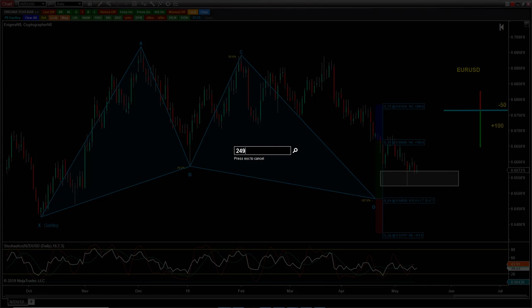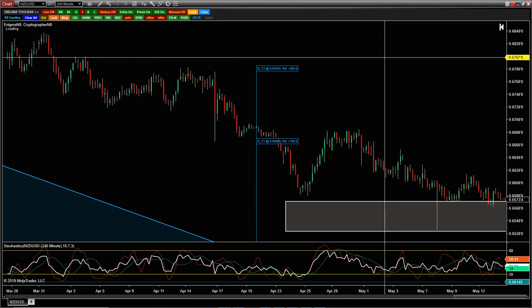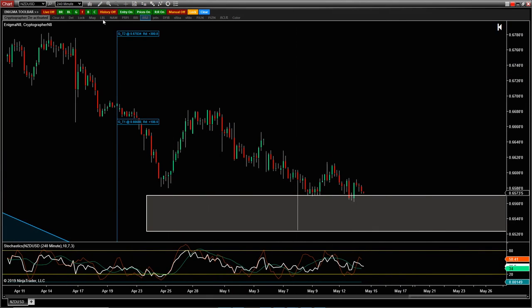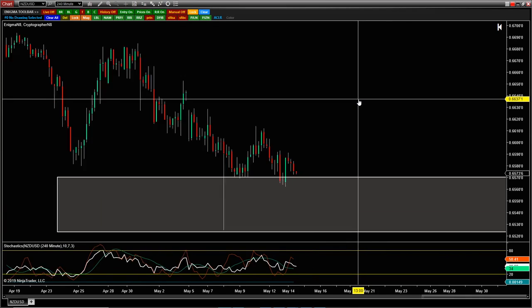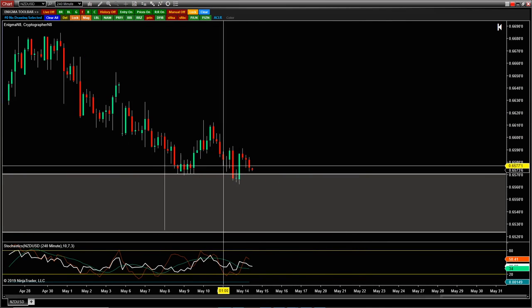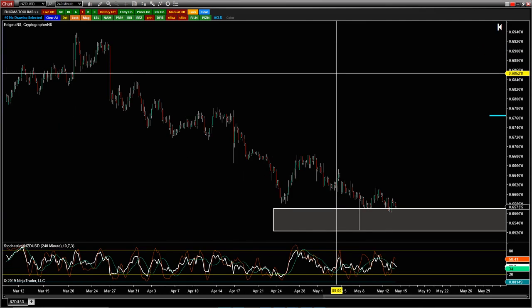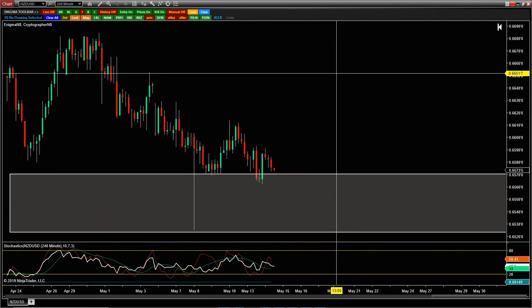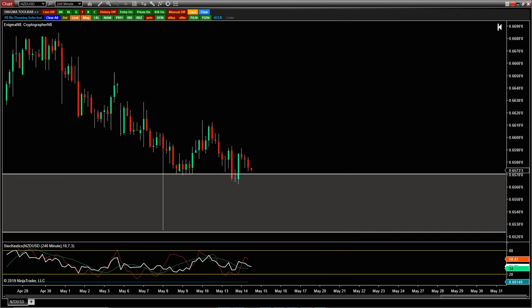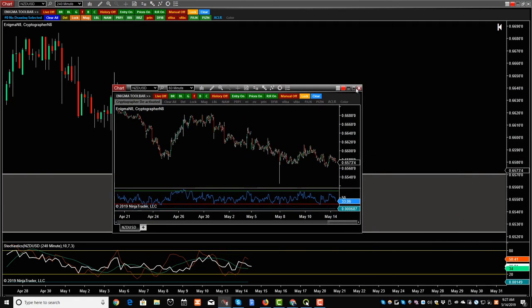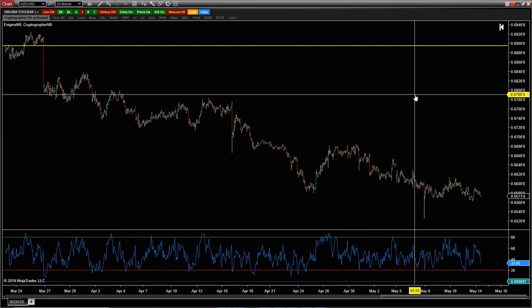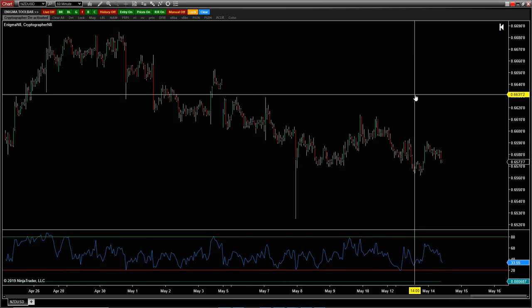Let's go down to 240. Again, you have this big candle here from last week's news event, which is really going to screw up any type of analysis for me. So there's really not much I can do here in the 240. Let's bring over to 60. 60-minute chart.